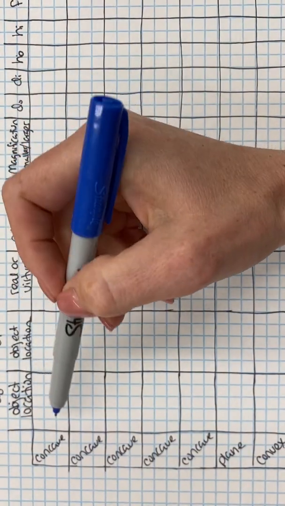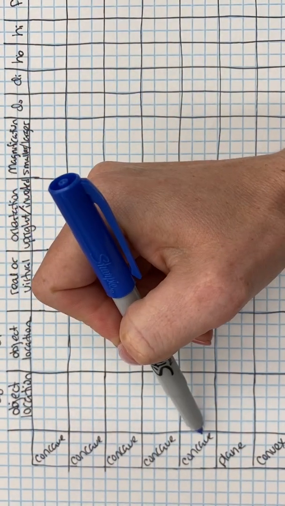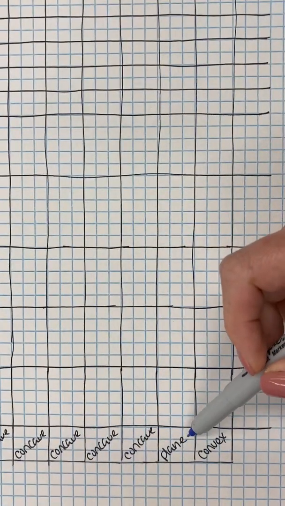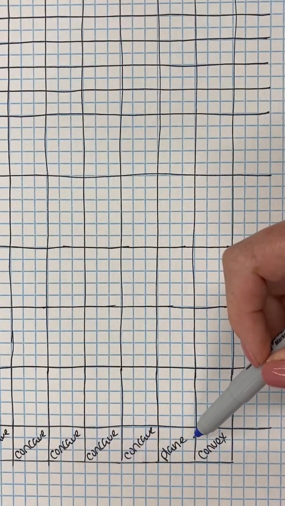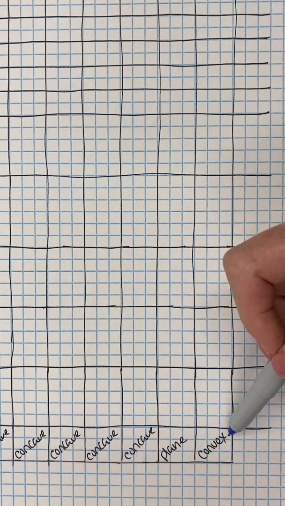So this is what I would like on the chart. Based on the diagrams that we drew earlier, there are 5 different scenarios for concave mirrors. There's one scenario for plane mirrors, an image in a plane mirror, and there's one scenario for convex mirrors.